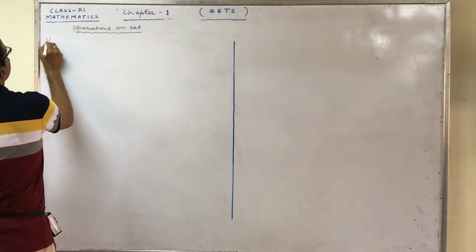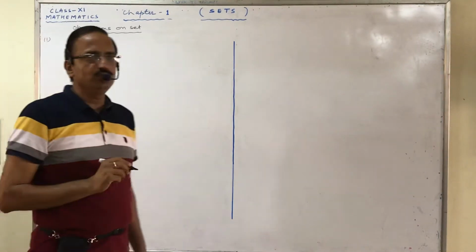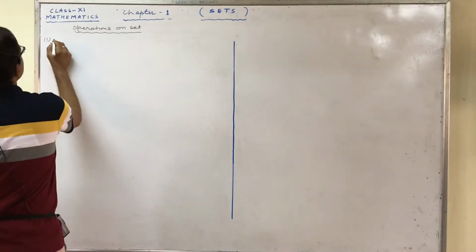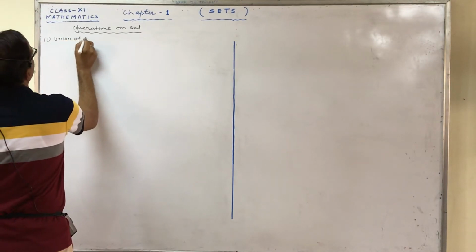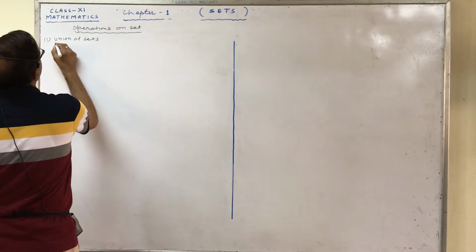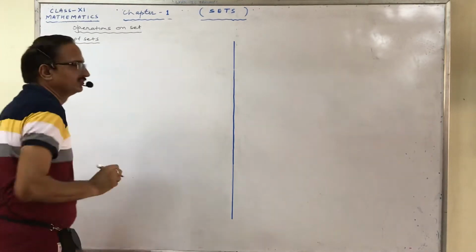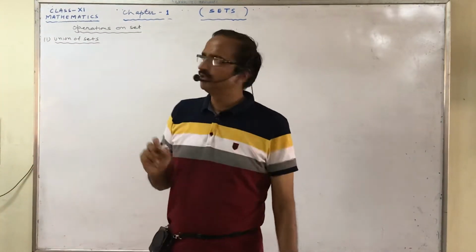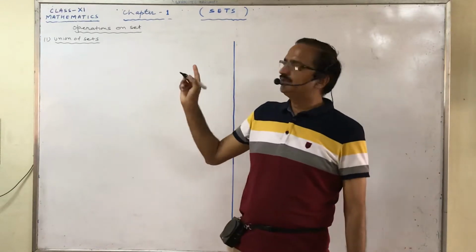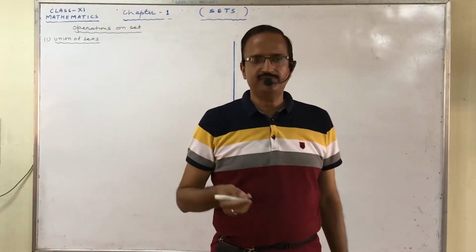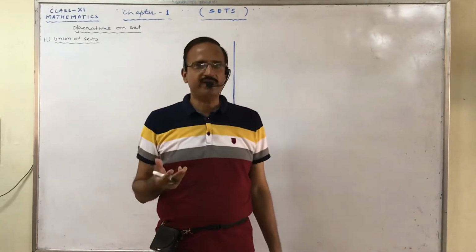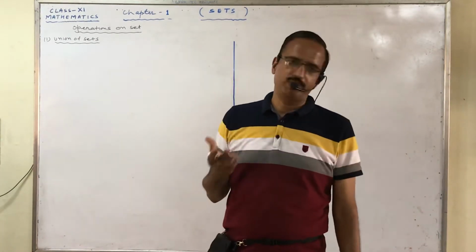In this connection, we will start with union of sets. This is the first operation. Union of sets means it is the set which consists of all the elements of A and B, with common elements being taken only once.